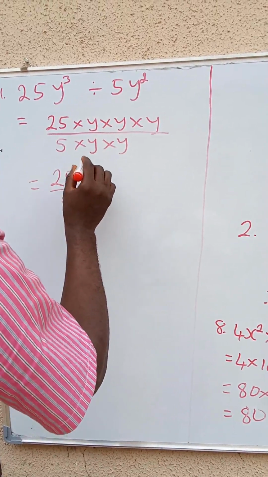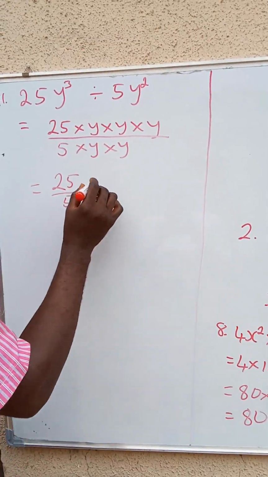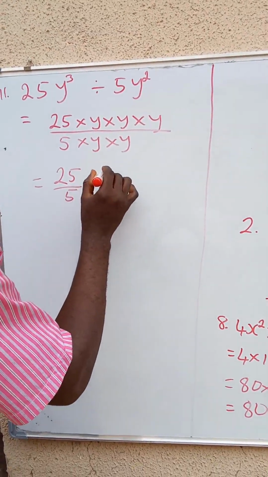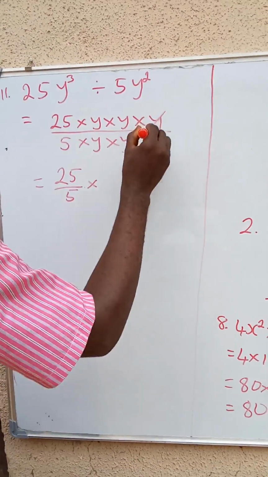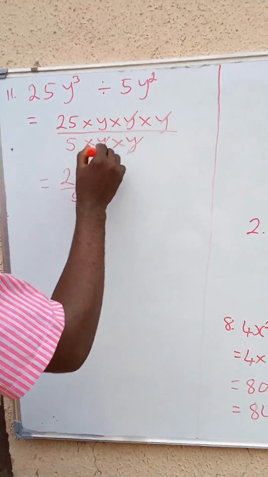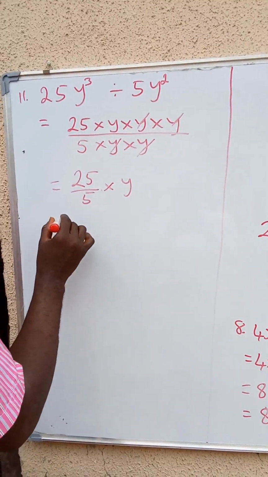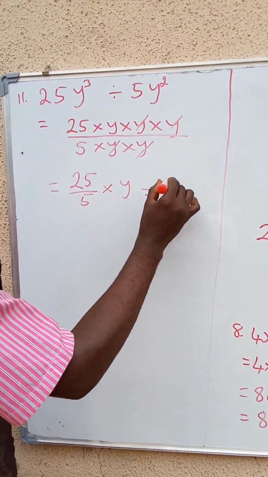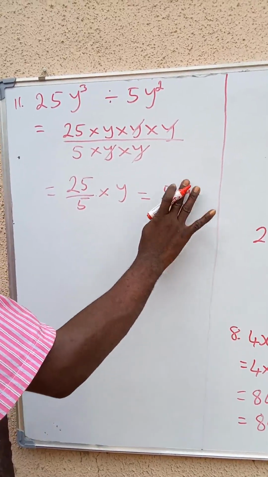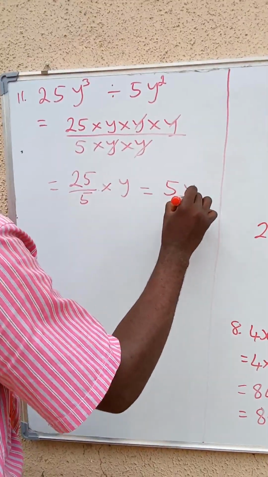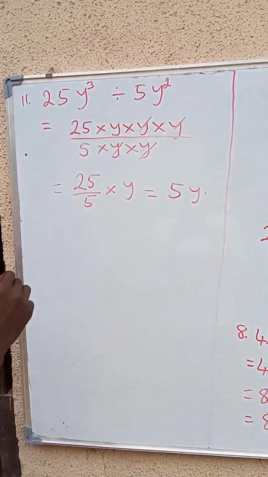That's 25 over 5 is 5, multiplied by y, which is the same thing as what? 5y. Second method.